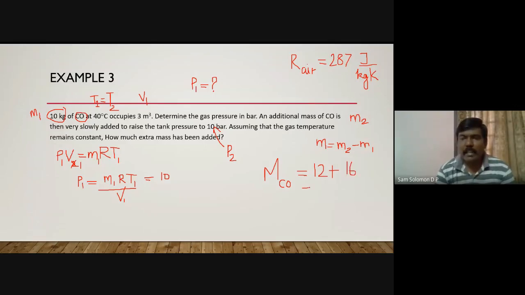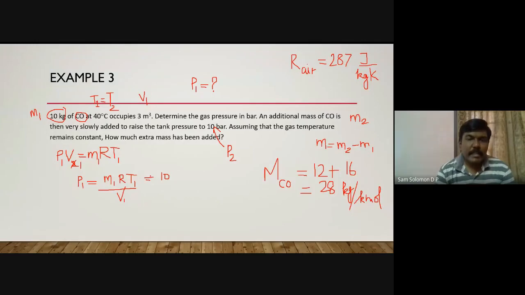So what we have is 28, and the unit is kilogram per kilomole. Don't forget that. Mass divided by molecular mass gives the number of moles.